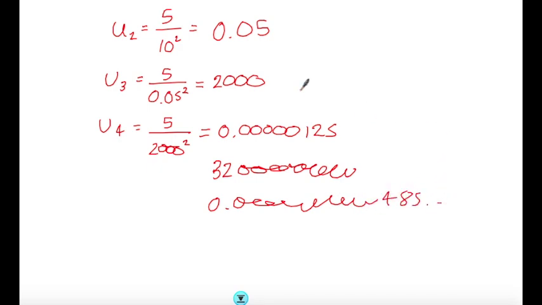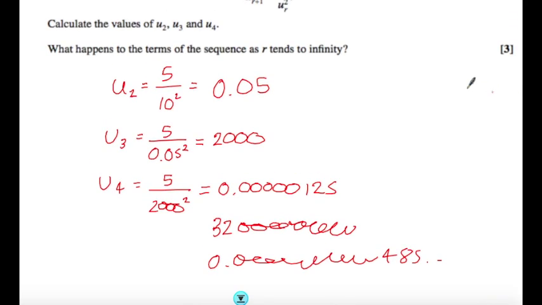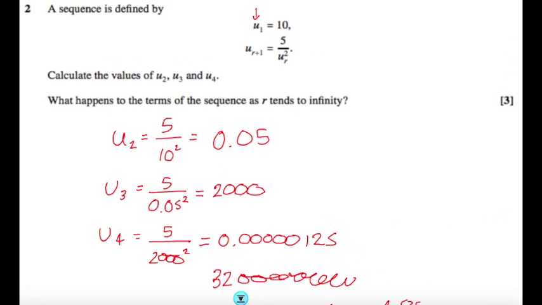So you can see it's kind of alternating from being a big number to a small number, and more so. So we've got 0.05, then 2000, then an even smaller number, then an even bigger number, then an even smaller number. So it kind of seems like it's oscillating, but remember an oscillating sequence has to be oscillating around a certain point.